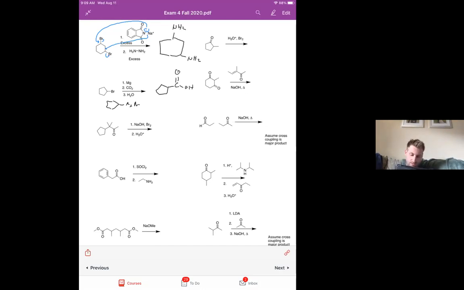Let's see. Okay, so this was our haloform reaction. In NaOH and Br2, it tends to go and brominate as many times as it can. So in our first step, we're going to tribrominate.